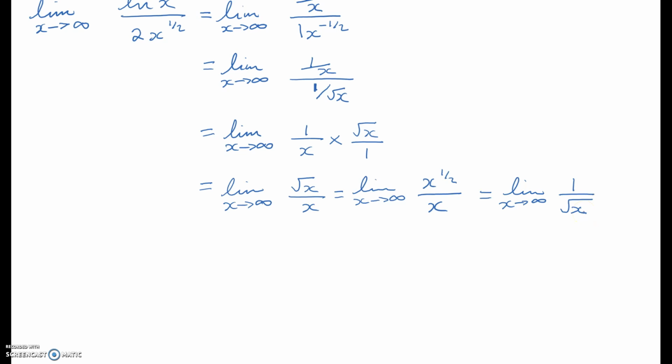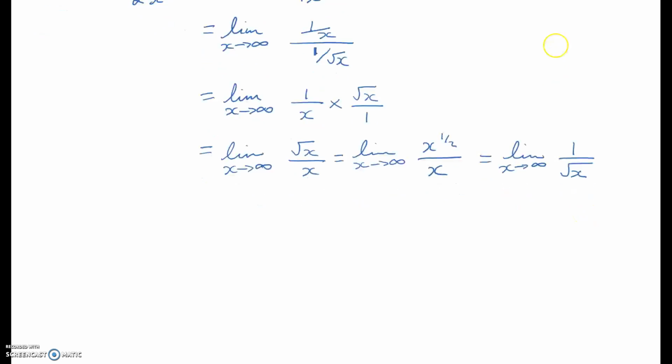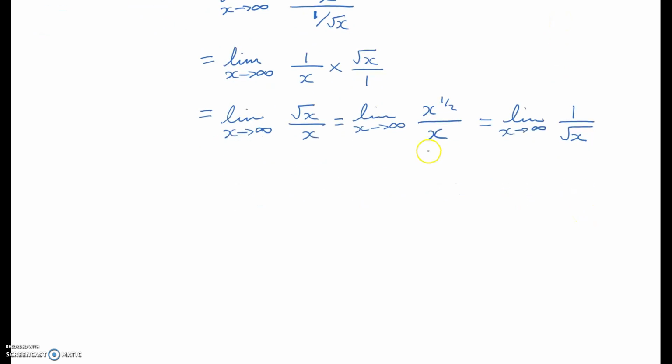Now, again, we can't really plug in infinity because it's not a number, but we can try it to get a flavor of what that is. If we plug that in, we get 1 over the square root of infinity, which is 1 over infinity.